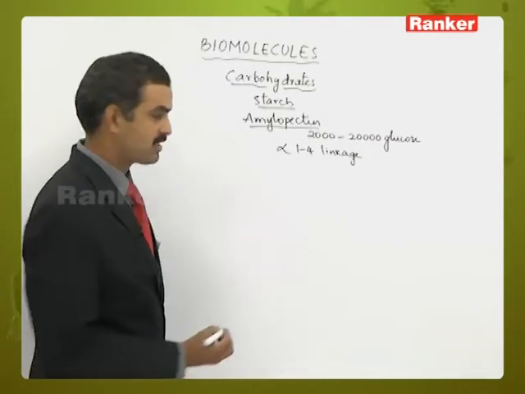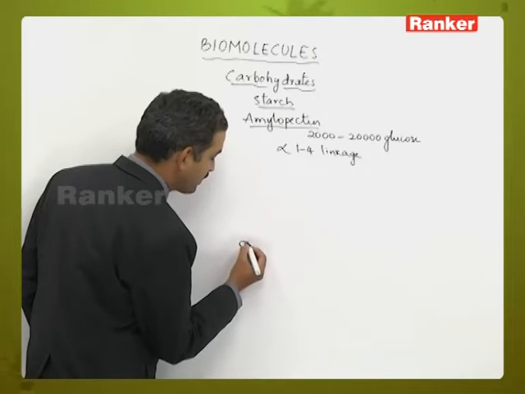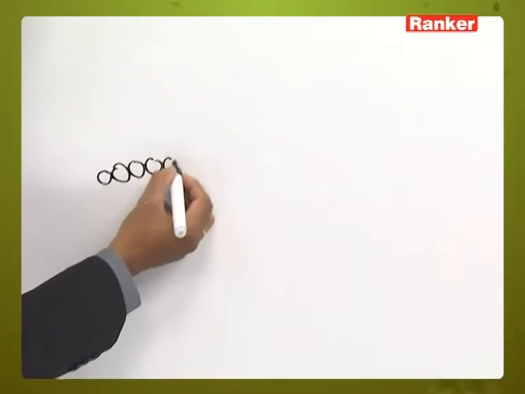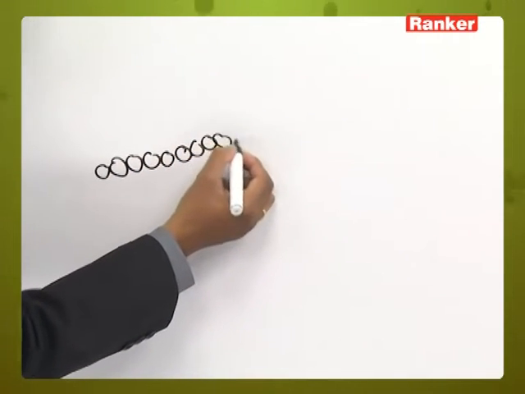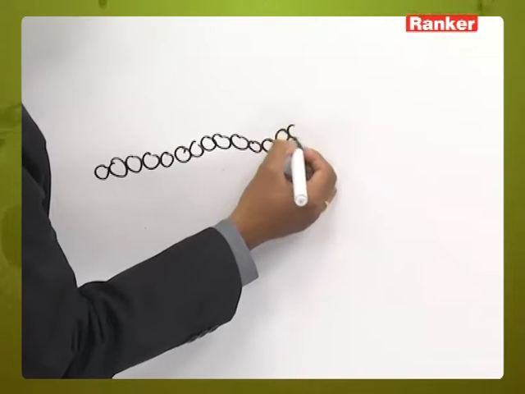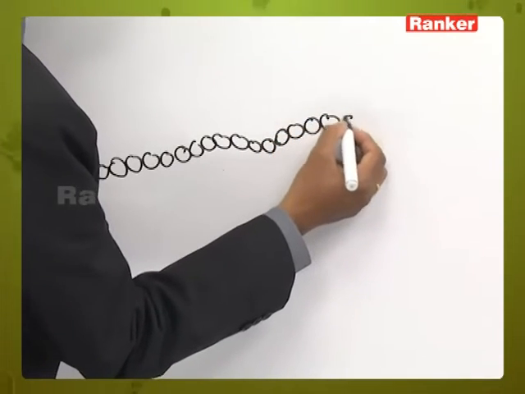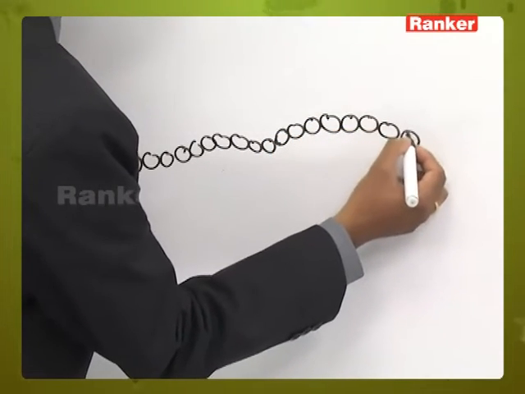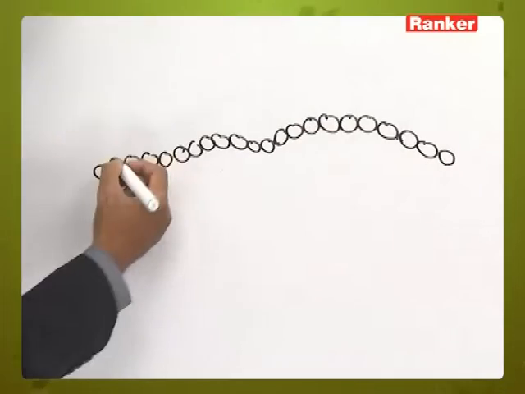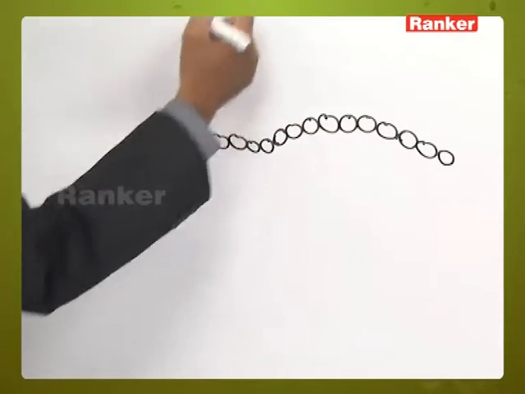If you see the structure, each one is one glucose molecule. Here the round structure is a glucose molecule. Each glucose molecule is bound to the adjacent glucose molecule by 1,4 linkages.